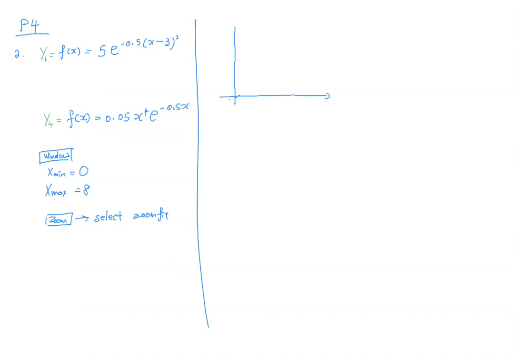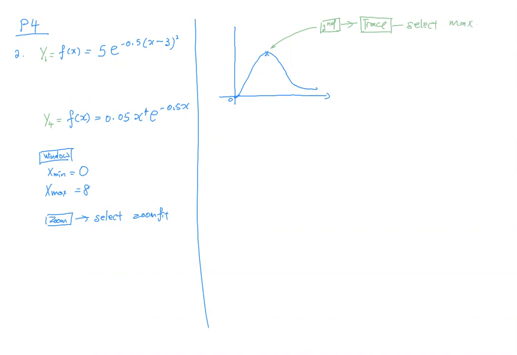One goes from 0. So you have to find the coordinates of the highest point. So remember how to do it? To get this coordinate, you go to second trace, then you select maximum.